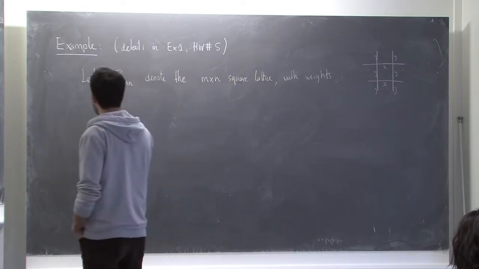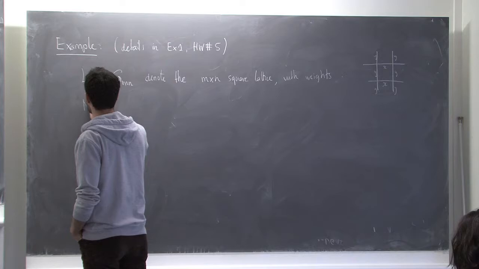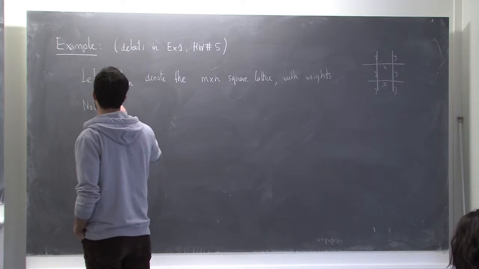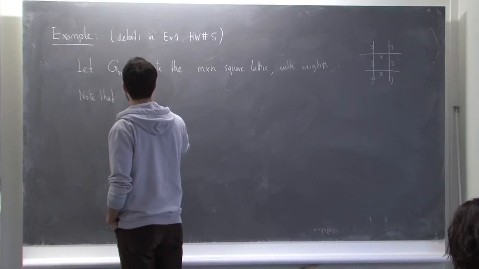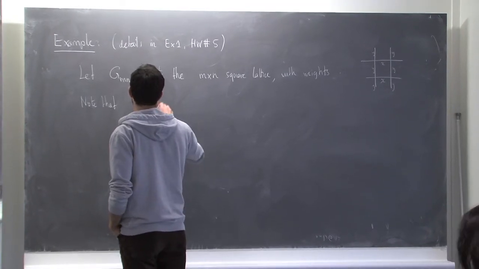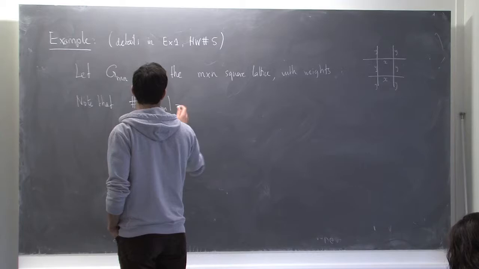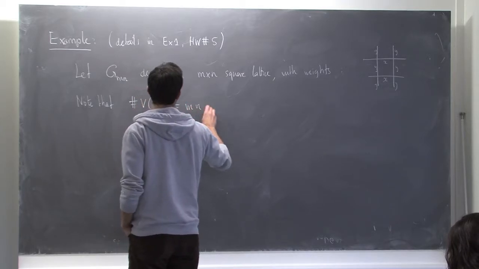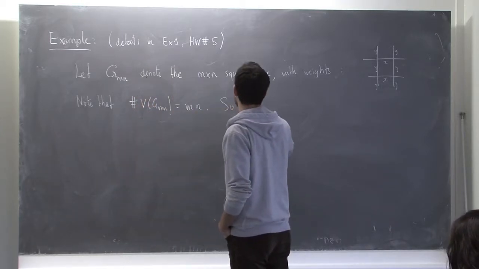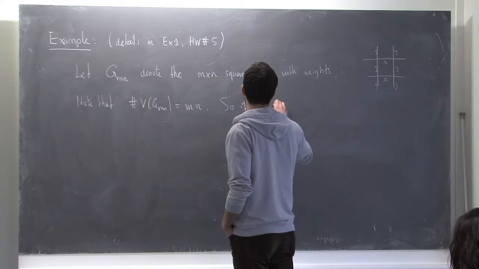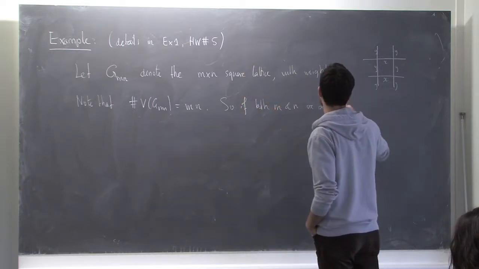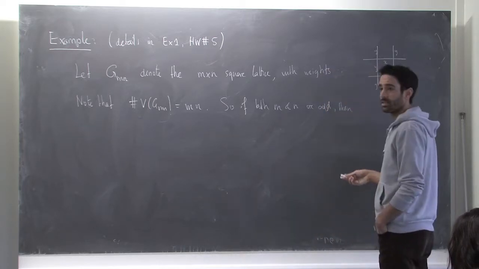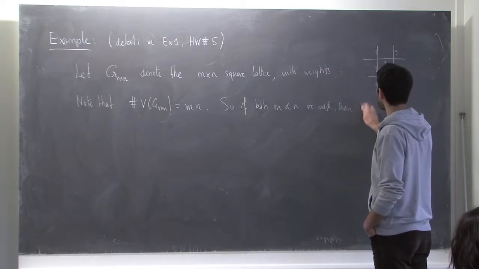So note that the number of vertices of this graph is equal to m times n. So if both m and n are odd, then the number of vertices is odd, so there is nothing to say.